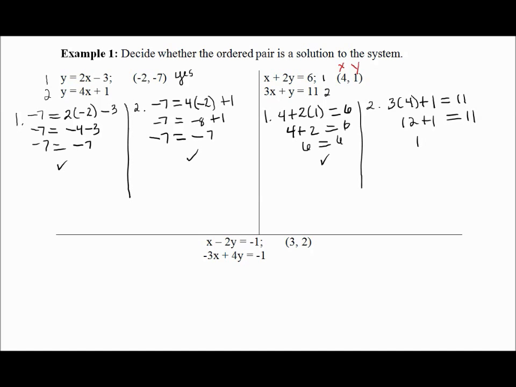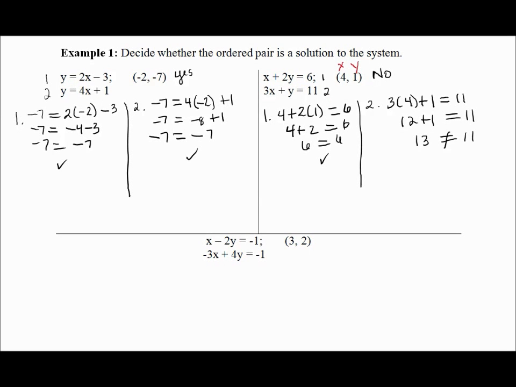Well, 12 plus 1 is 13. So that does not check out. Since the left side does not equal the right side, we know that this ordered pair 4, 1 is not a solution. So I'm going to say no.